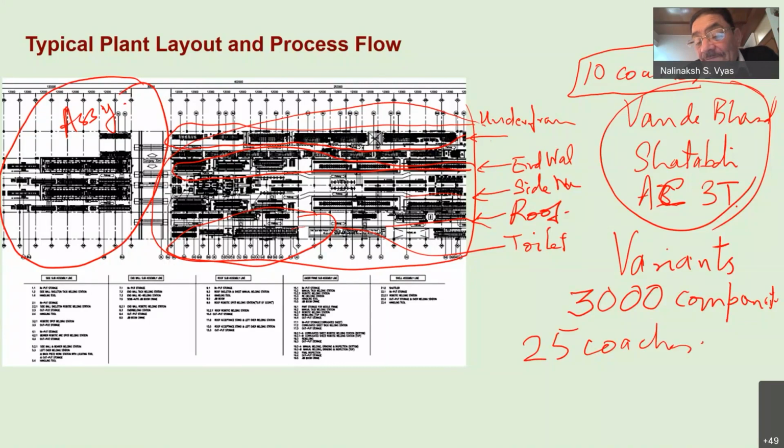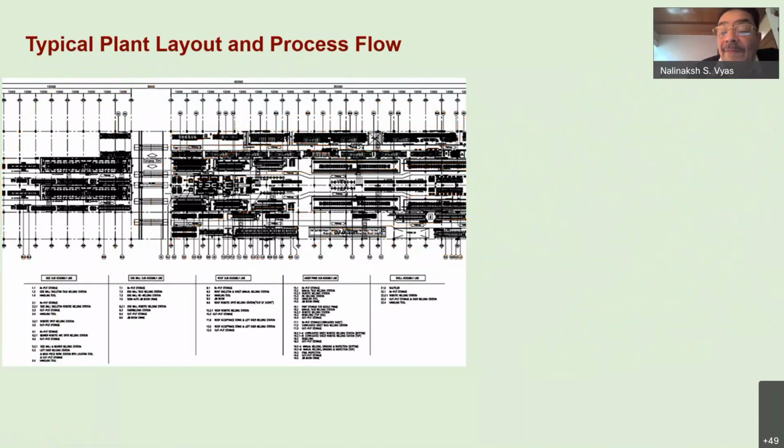And it is not a straightforward flow of the components. So if this is one machining station, this is another machining station, this is third machining station, fourth machining station, 5.